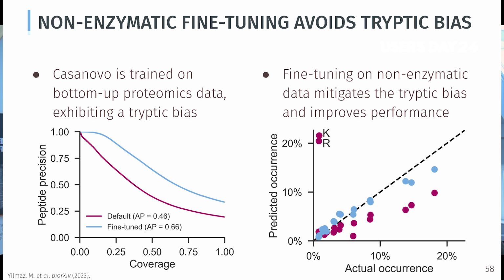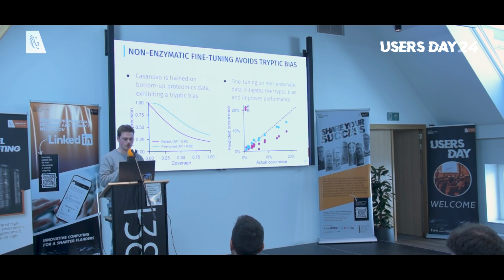If we use Casanovo on the immune data, it performs much worse. So we fine-tuned the model on non-tryptic data, on immune system data, and this already does better, but it's still not as good.